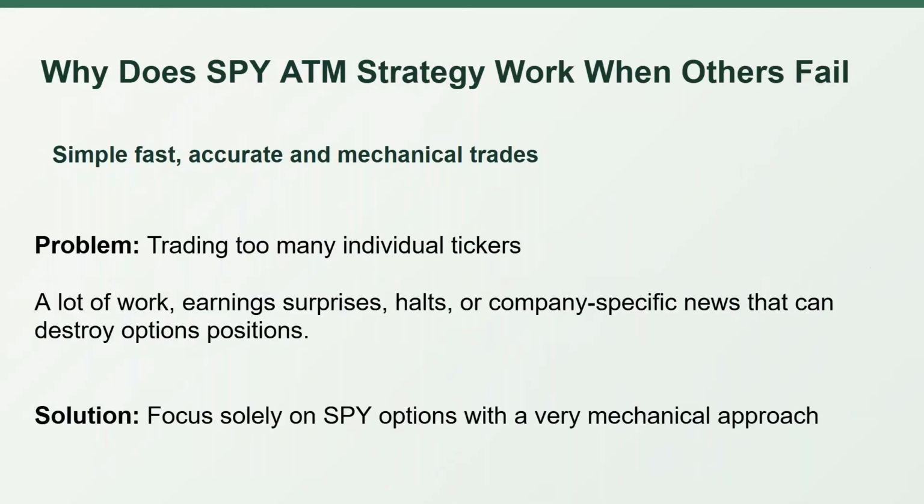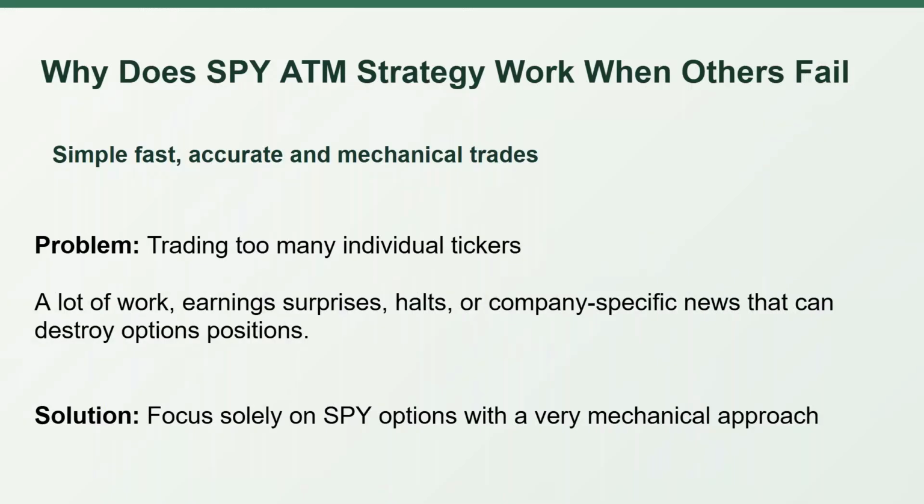So I want to start talking a little bit about the SPY ATM strategy in particular, because it really gets around a lot of these problems. It's simple, it's fast, it's accurate, and the trades are executed very mechanically. A lot of the problems people have is trading too many individual tickers. If you focus on SPY, you get around this problem where individual tickers might have earnings surprises or crazy halts that happen. It's a lot of work to try and scan and find your setups and everything.